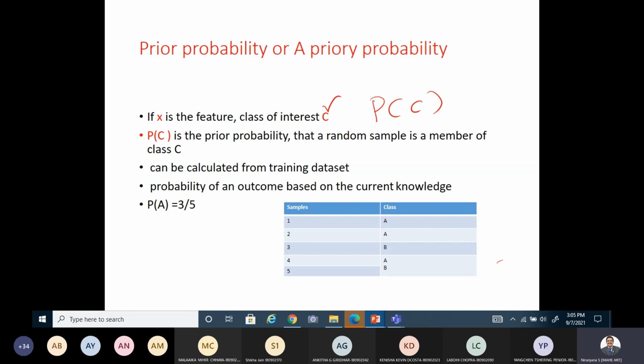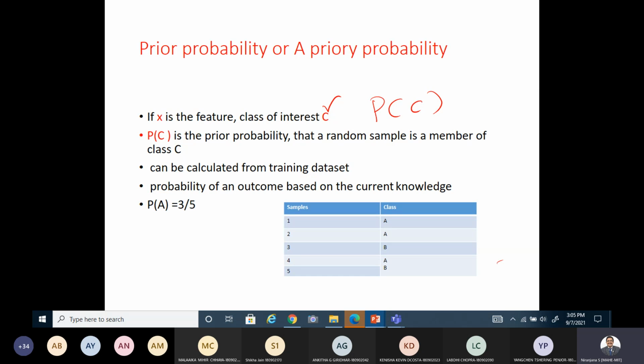You can immediately calculate this probability, estimating the probability of an outcome for a given class such as A or B. That is referred to as prior probability.